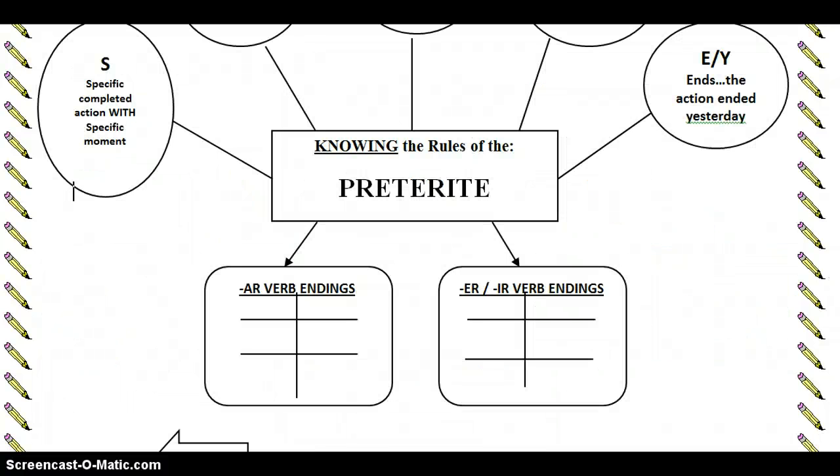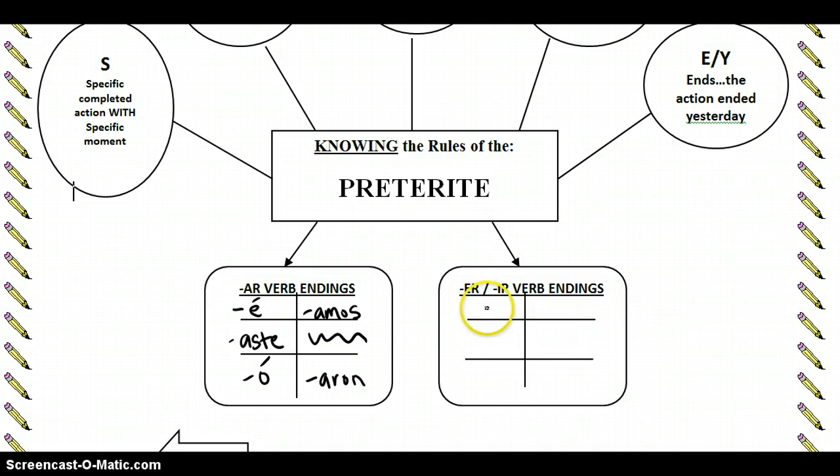We're now going to scroll down and fill in our preterite past tense AR verb endings in our chart on the left. We should know these pretty well by now because we just had a test over them, but our regular AR endings are: é, aste, ó, amos, and aron.